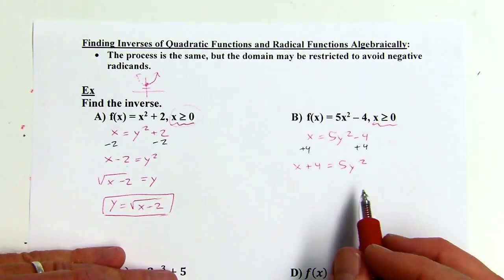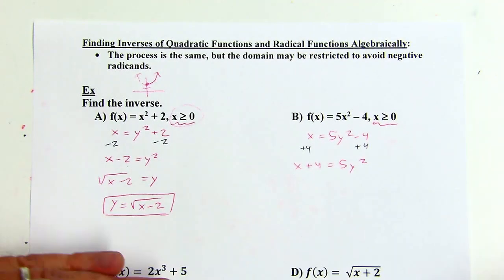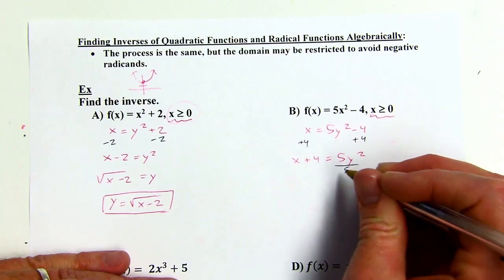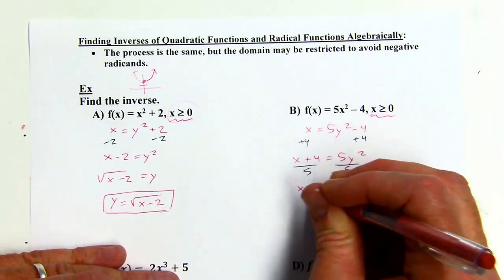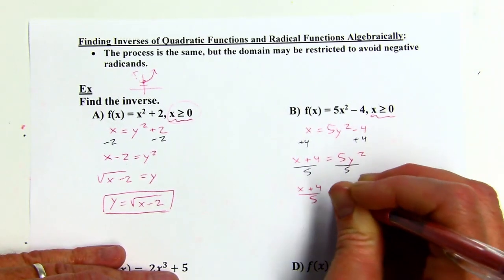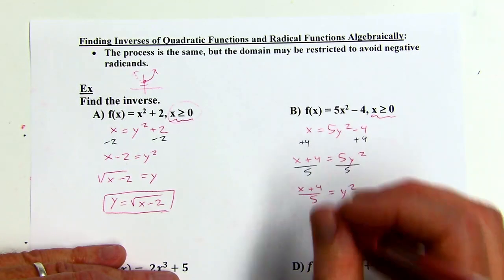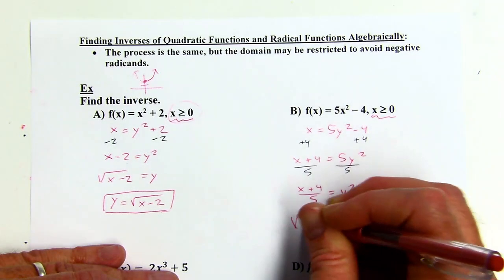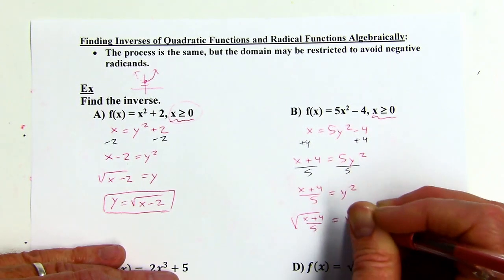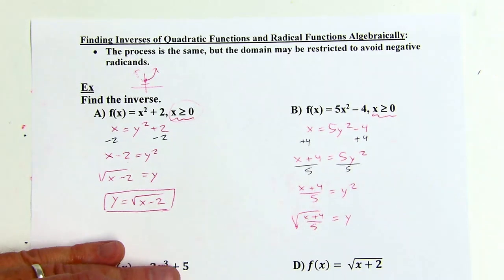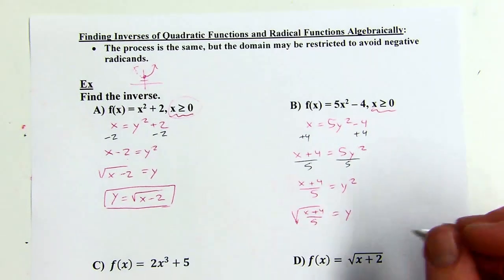Now don't take the square root yet because we want to divide by 5 first. So now I've got x plus 4 all over 5 equals y squared. And now I'm going to take the square root of both sides. So I'm going to get the square root of that fraction, and I'll just flip it around.